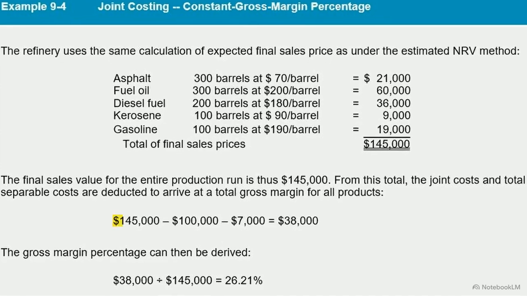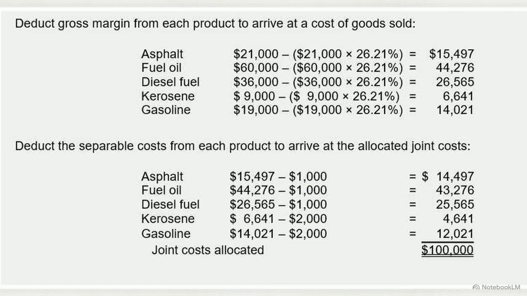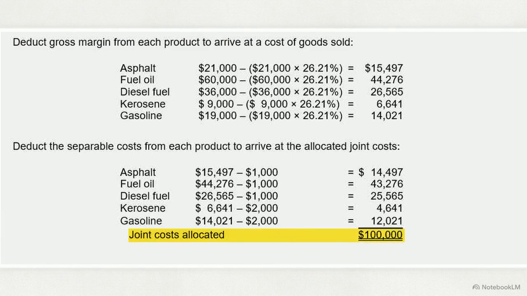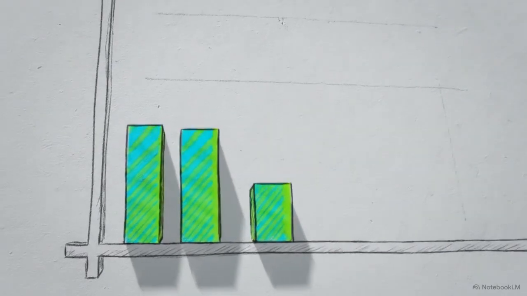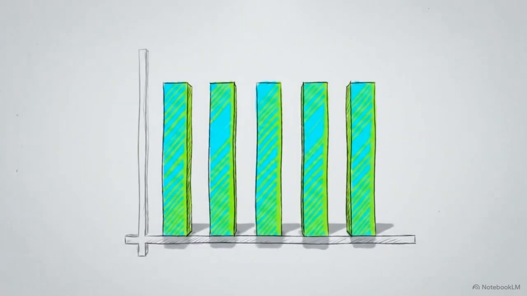By taking the total final sales value and subtracting both joint and separable costs, we derive a uniform gross margin of 26.21%. Next, as shown in these sequential deductions, we subtract that uniform gross margin from each product's final sales value, and then subtract the separable costs to back into our final allocated joint costs. These three market-based approaches yield a predictable, comparable profitability across the entire product portfolio, making them far superior to physical tracking.